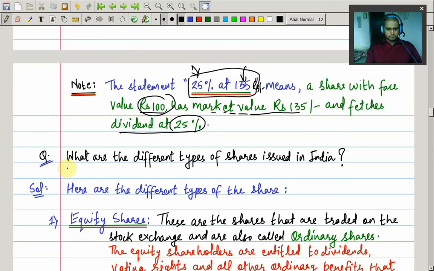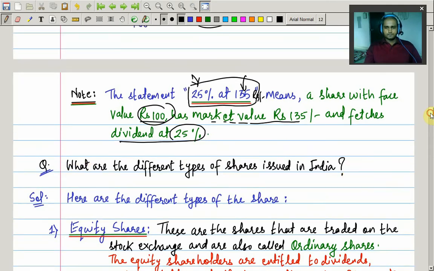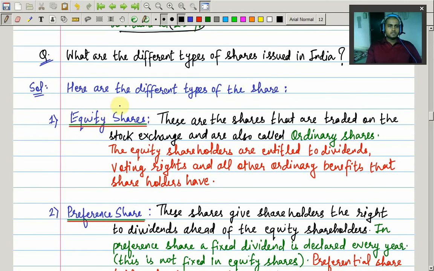So what are the different types of shares issued in India? Here are the different types of shares. Equity shares. These are shares that are traded on the stock exchange and are also called ordinary shares. The equity shareholders are entitled to dividends, voting rights, and all other ordinary benefits that shareholders have.